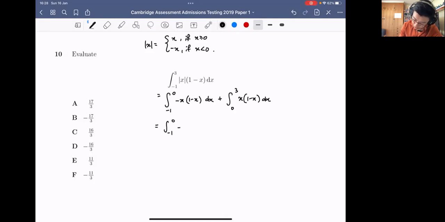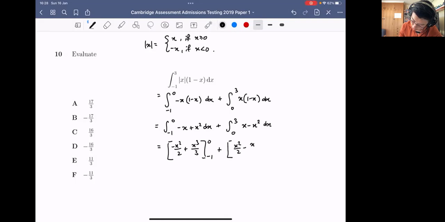Let's expand this to get minus x plus x squared dx plus x minus x squared dx. It's nice when you know what they integrate to. Plugging 0 for the first one, that's nothing. You just get zeros all the time.